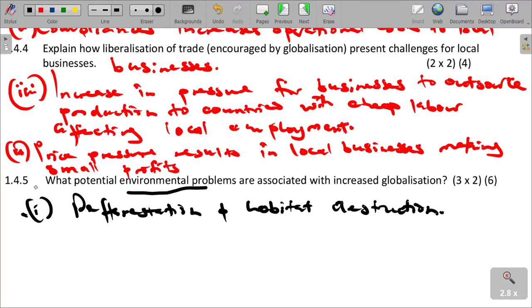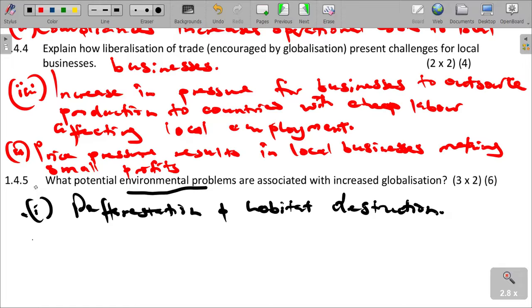Habitat destruction becomes a problem because of globalization. When companies become multinationals or become big, they cause such problems.